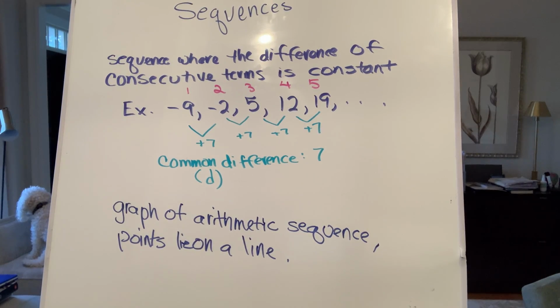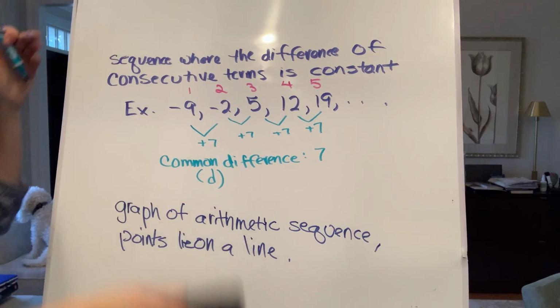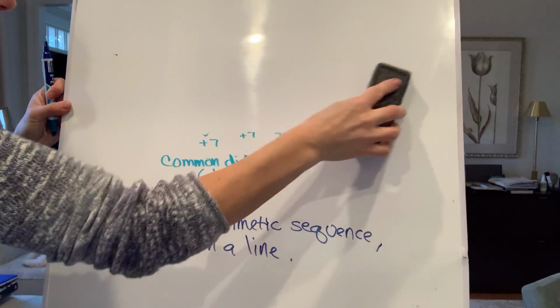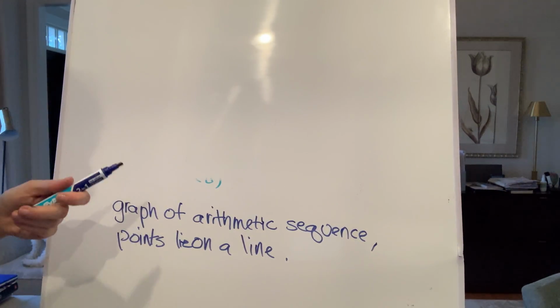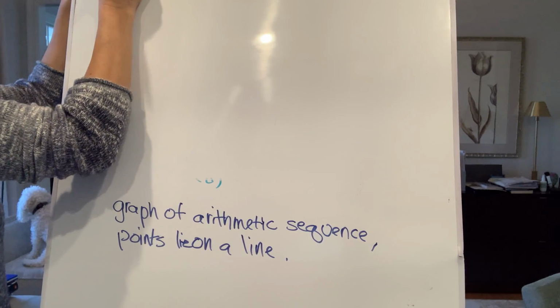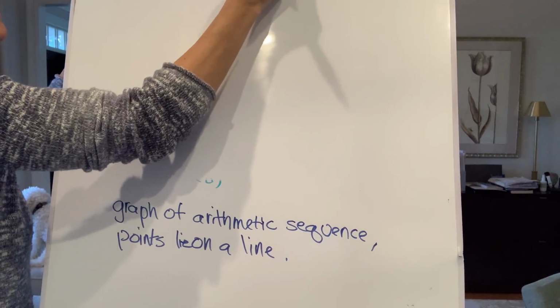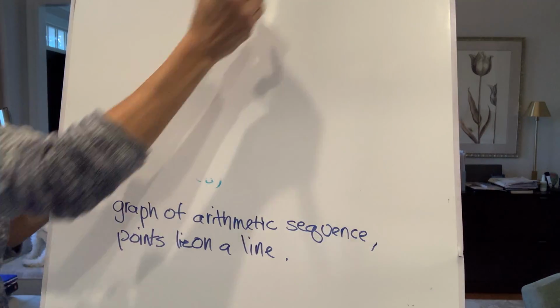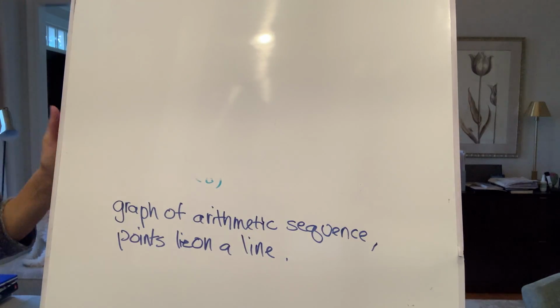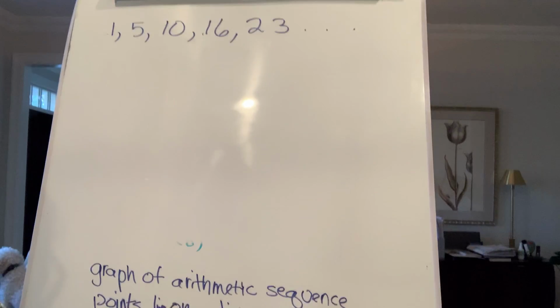All right, so let's look at some examples and some counterexamples of an arithmetic sequence. If I have 1, 5, 10, 16, 23. Okay, this is an example of something that is not an arithmetic sequence.